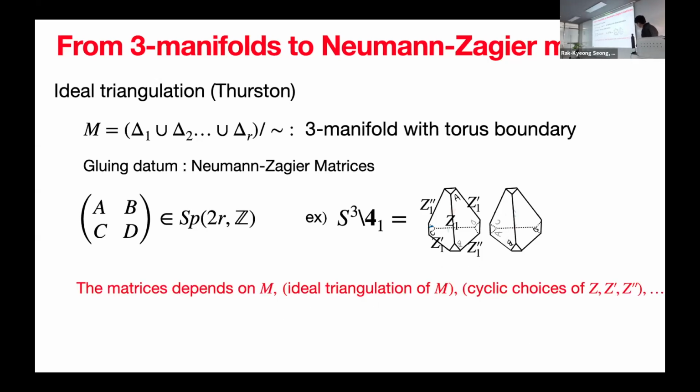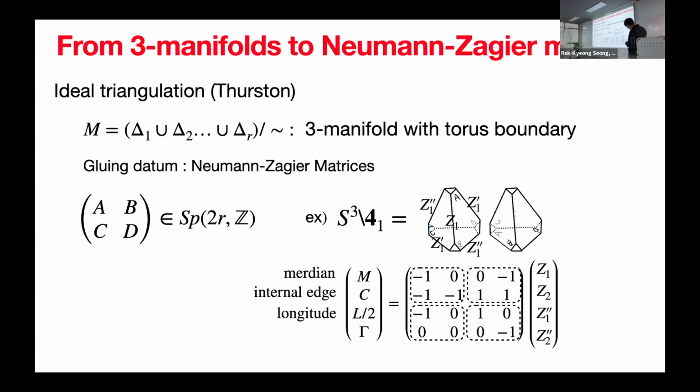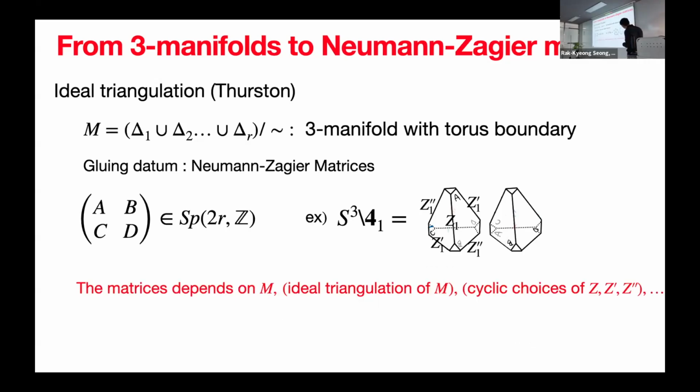So this matrix depends on the 3-manifold, of course, and also on the ideal triangulation. For a given 3-manifold, there are infinitely many ways of triangulating it into ideal tetrahedra, and also some choice of assigning the so-called polarization parameters and all the other information. For the figure-eight, I'm using this matrix, but this is not a unique form; there could be some equivalent, another expression for the ABCD matrices.